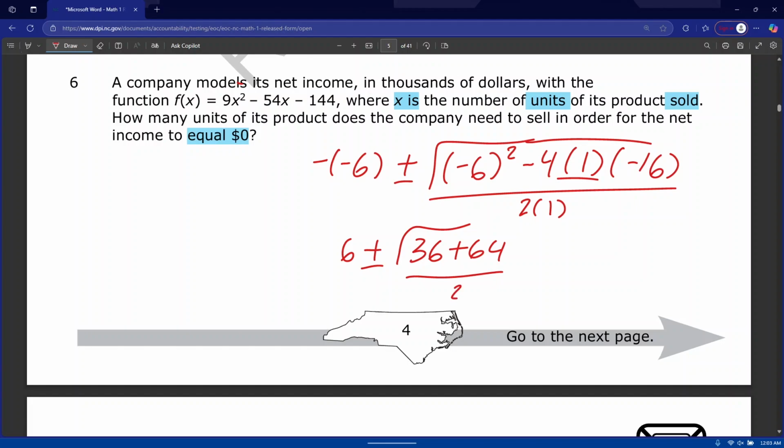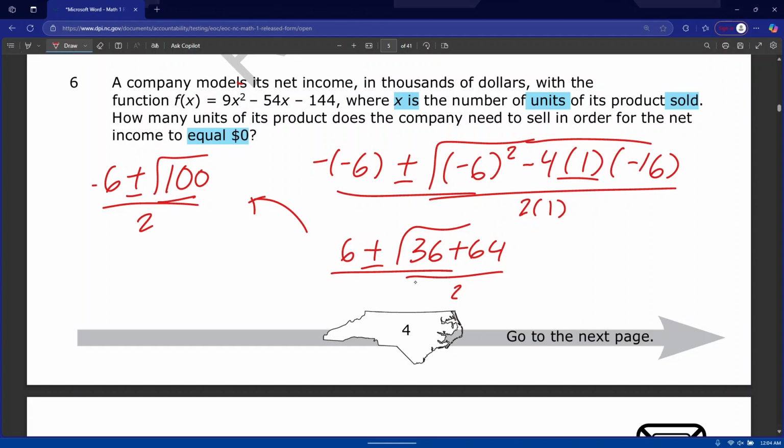Okay, next step over here is that we get 6 plus or minus the square root of 100, and everything is being divided by this 2. Oops, I should have made that clear. After that, it gets really easy to solve. So the square root of 100 is 10. So let me rewrite this.